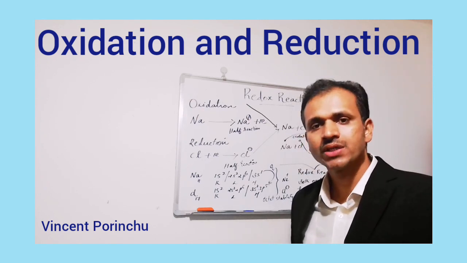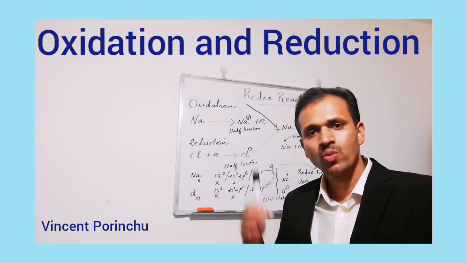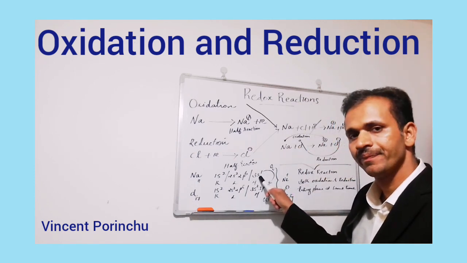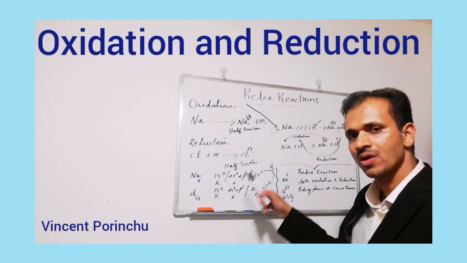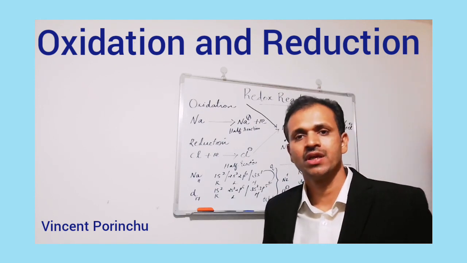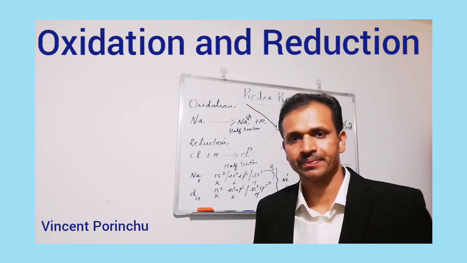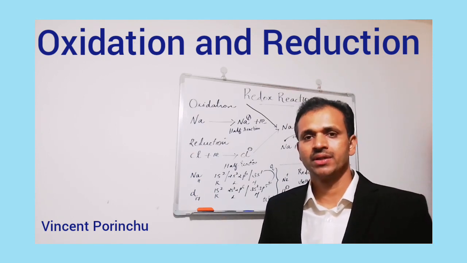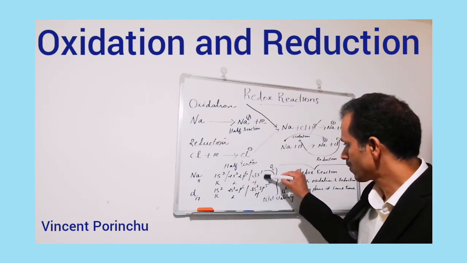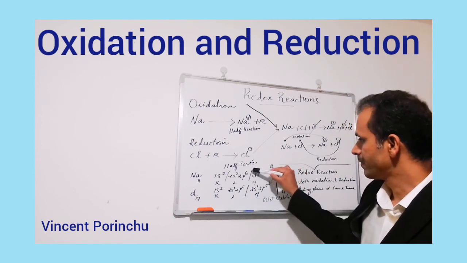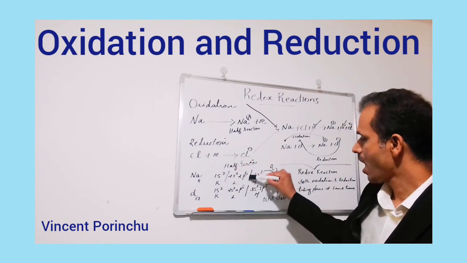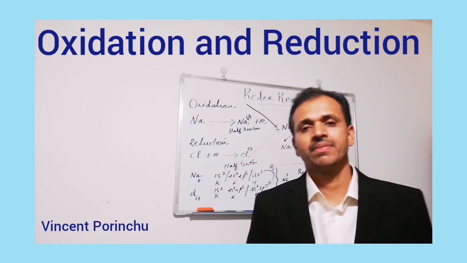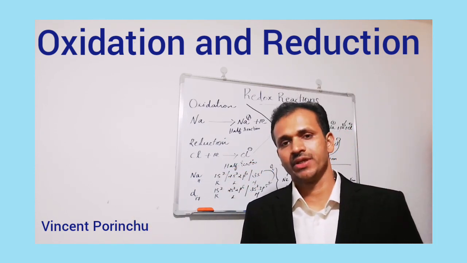According to the octet rule, that 3s1 electron causes instability for the sodium atom. If sodium loses that electron, the sodium ion can attain octet stability. So what is octet stability?